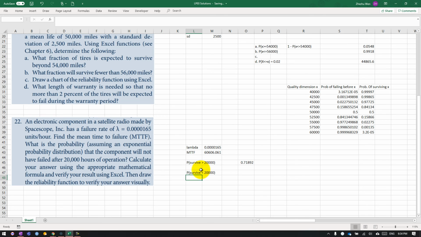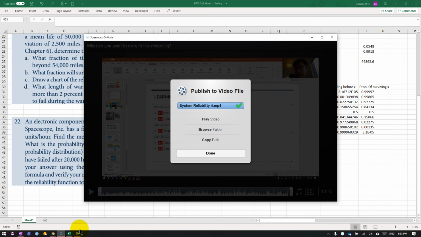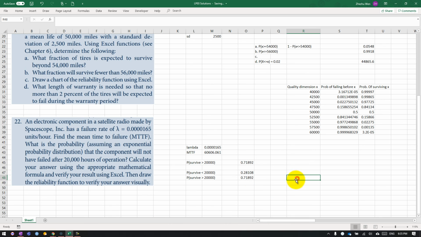With 20,000, lambda is this, and this is cumulative. And then of course the probability we're looking for is 1 minus this right here.